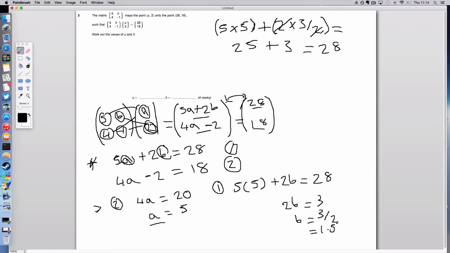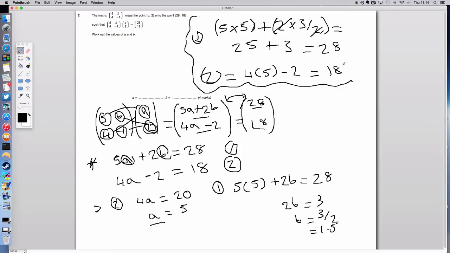And if we look at equation 2, that should be the same as well. We have 4a minus 2, so we substitute our value of a, which would be 20 minus 2, which is indeed 18. Therefore, this is all satisfied. We know this is all correct, our value of a and our value of b. a is 5, and b is 3 over 2, also 1.5.